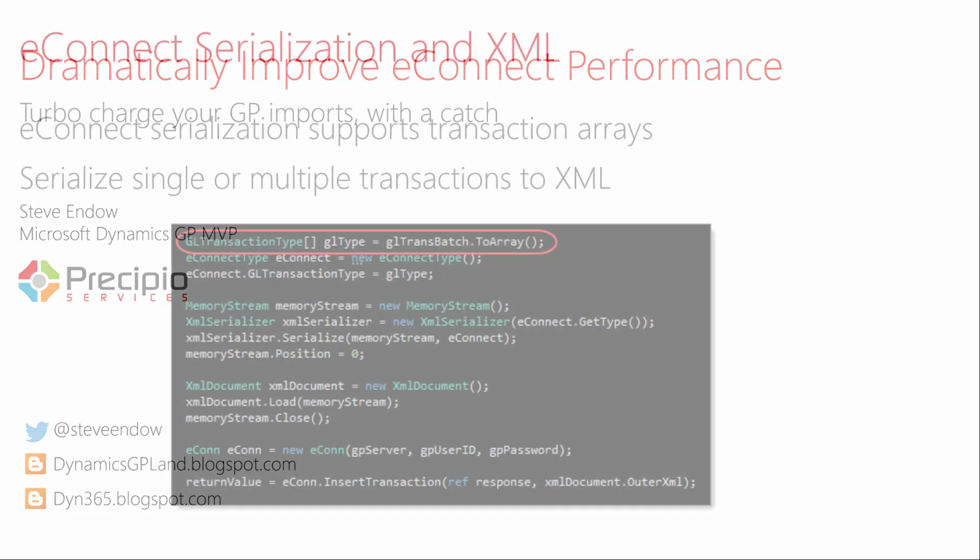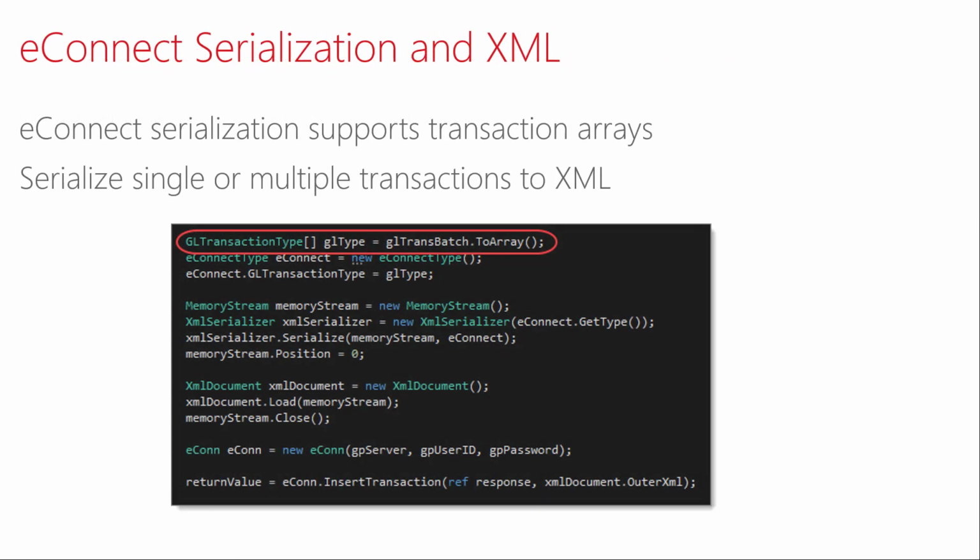Let's get started. If you're familiar with eConnect, you should be aware of eConnect serialization and how eConnect converts your data objects to XML. As part of that process, eConnect serialization supports transaction arrays. In the code sample you see here, I have a GL transaction, and that GL type variable is an array.